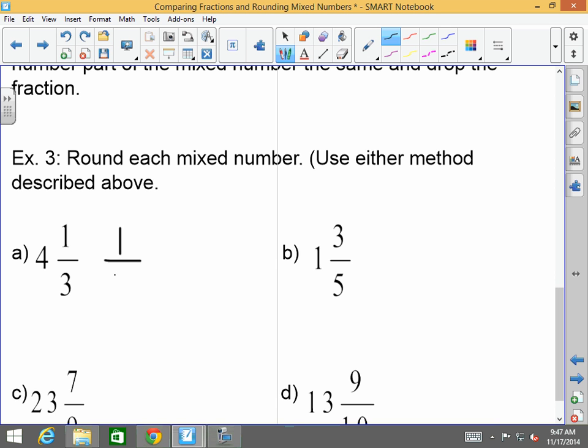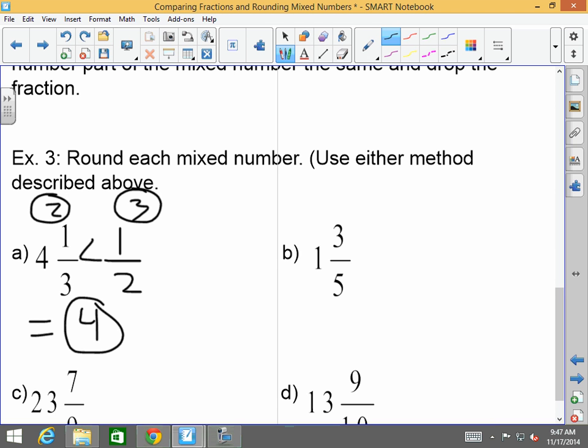Compare it to 1/2. My cross product is 2 there, 1 times 2. 3 times 1 is 3. So is 1/3 less than 1/2 or greater than 1/2? Really? 2 is greater than 3? So it's less than. So what happens? You drop the 1/3 and it becomes 4.